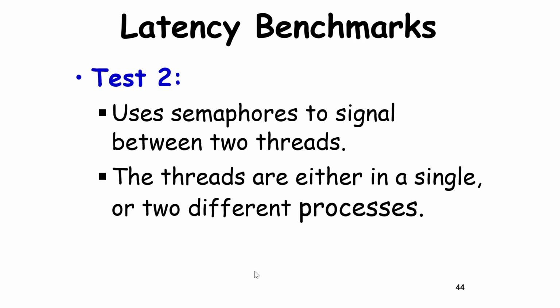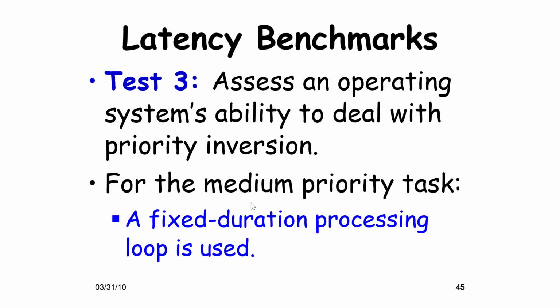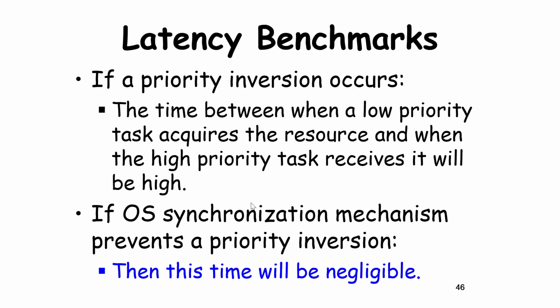Then the semaphores can be used to send signals between threads or processes. So then we can also use this to assess what is an OS's ability to deal with priority inversion, right? Particularly unbounded priority inversion. And if a priority inversion occurs, we can quantify for how long does it occur, right? And if the priority inversions do not occur, then this also can be seen.